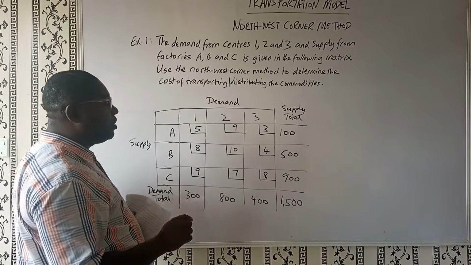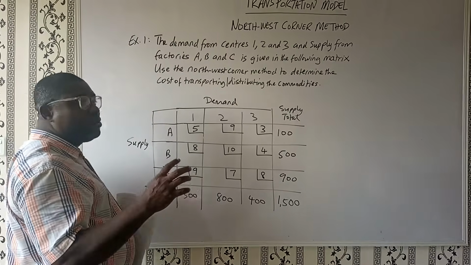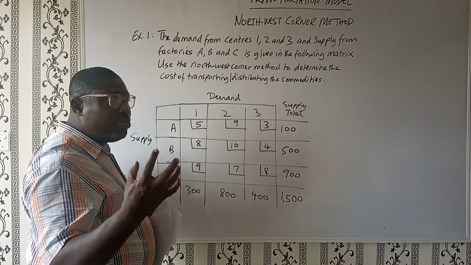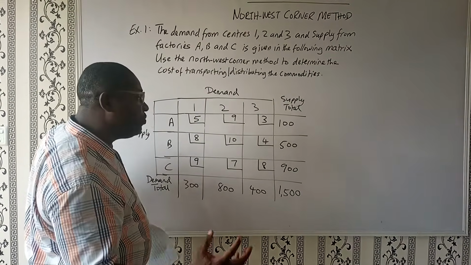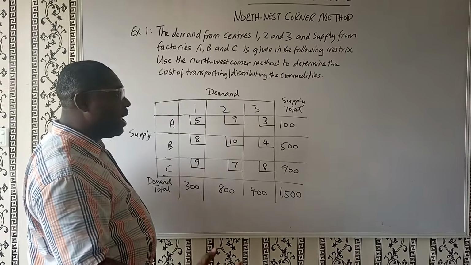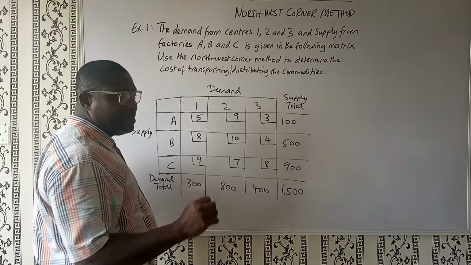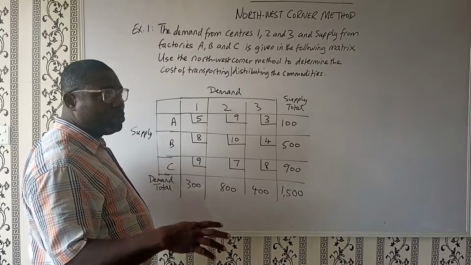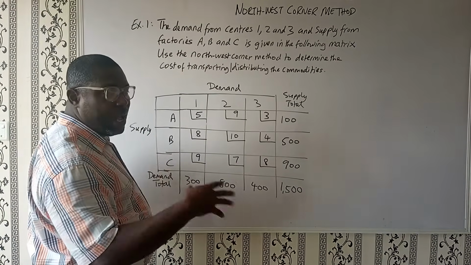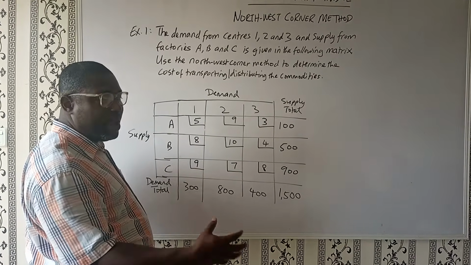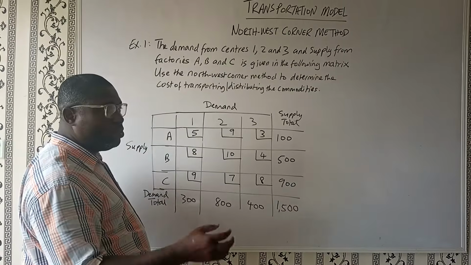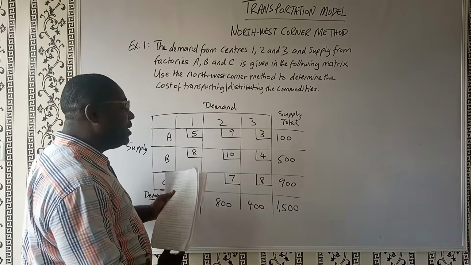So in doing that, what we want to do is push in as much volume that has been supplied into a point of demand as possible, so that we exhaust all that we have, comparing the demand and the supply.